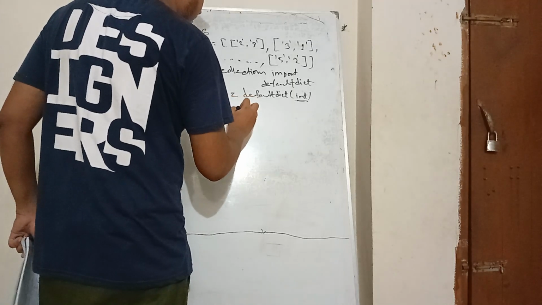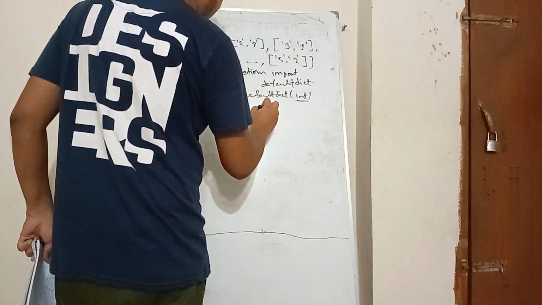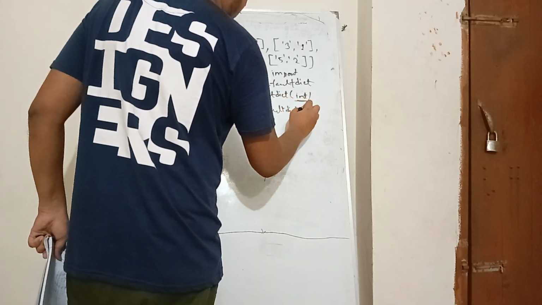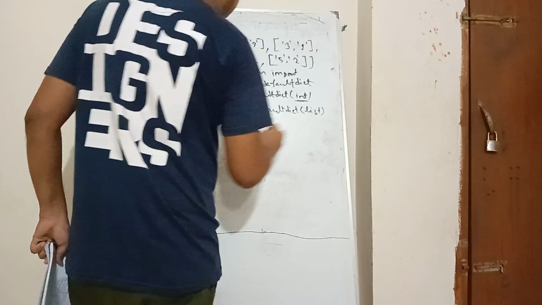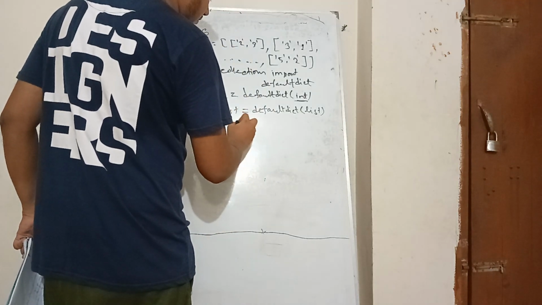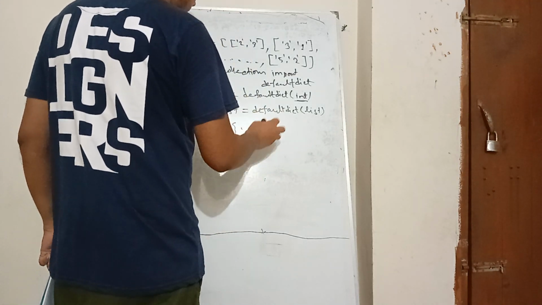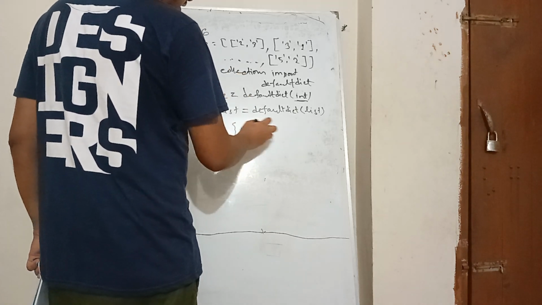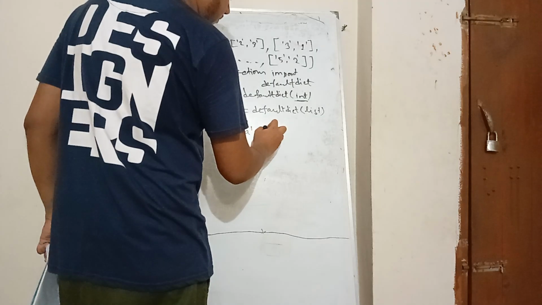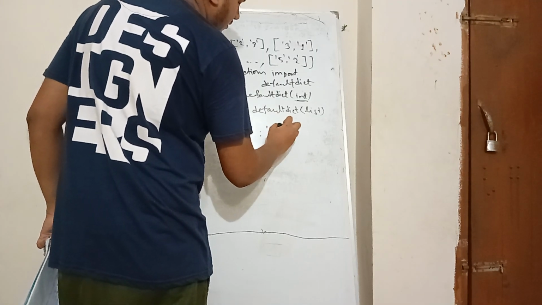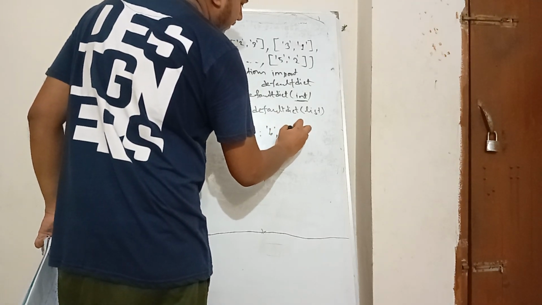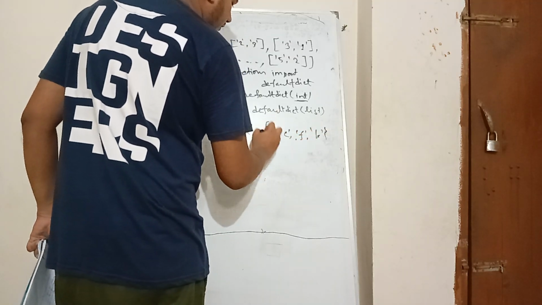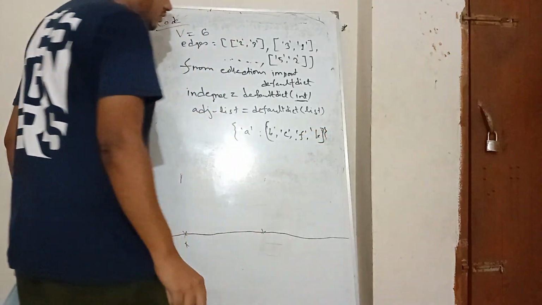Adjacency list. Defaultdict list. It will create an adjacency list. It means what is the neighbor of A? Suppose B, C, F, K. And they will be embedded into a list.